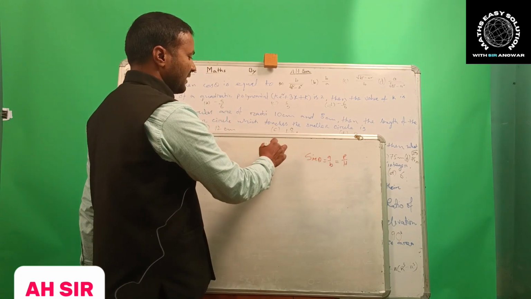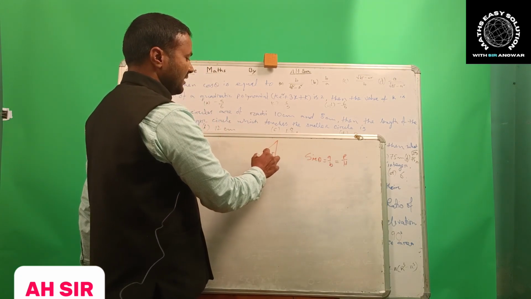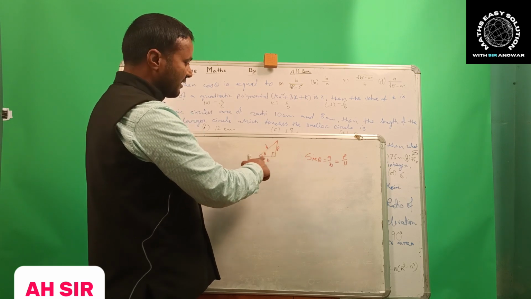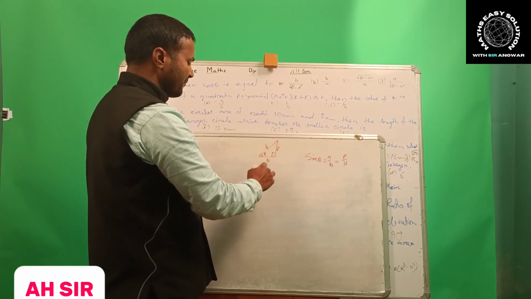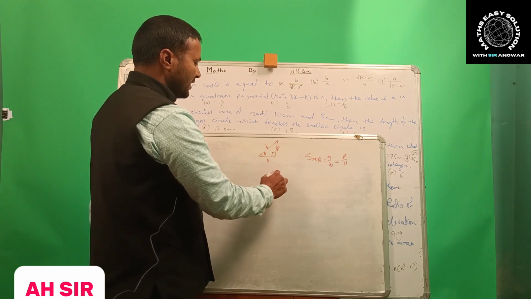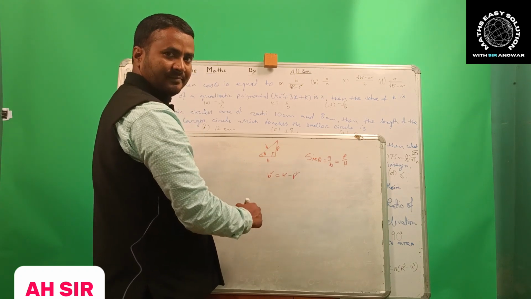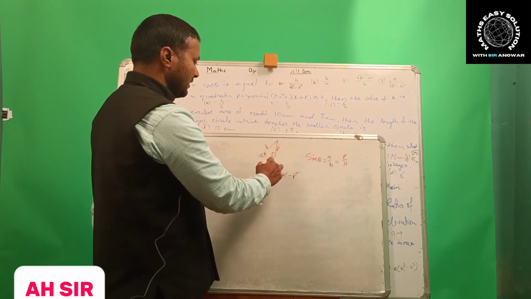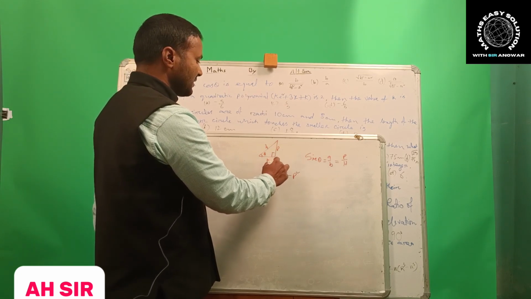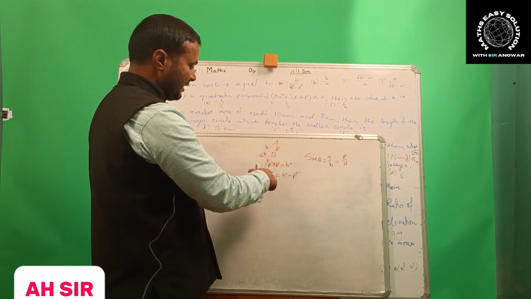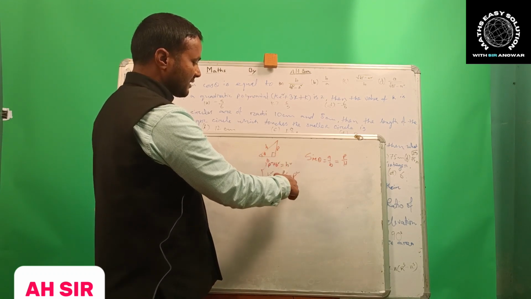If this is the right angle triangle, here is theta, this is p, b, h. So if you use the Pythagoras theorem, b square equal to h square minus p square, because here p square equals a square. If we keep b on the left side, p will go to that side.